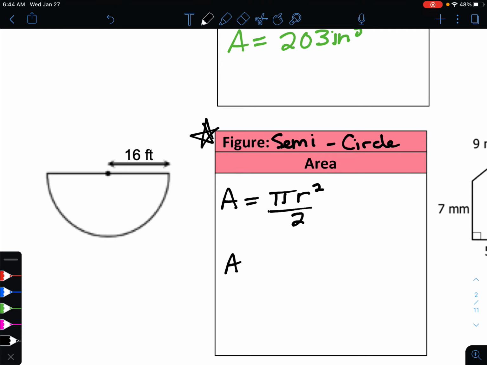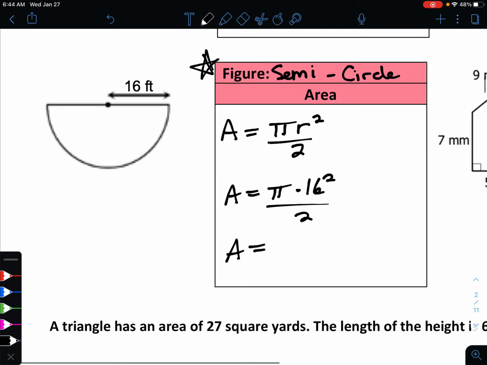All right, so let's plug in our information. Really, the only thing we need is our radius, which they actually already gave to us, was 16, and square it. And now we'll just look to simplify. So when we do so, 16 squared is 256, divided by 2 is 128, and then we'll put pi after it, and then we'll include our label, which is feet squared.